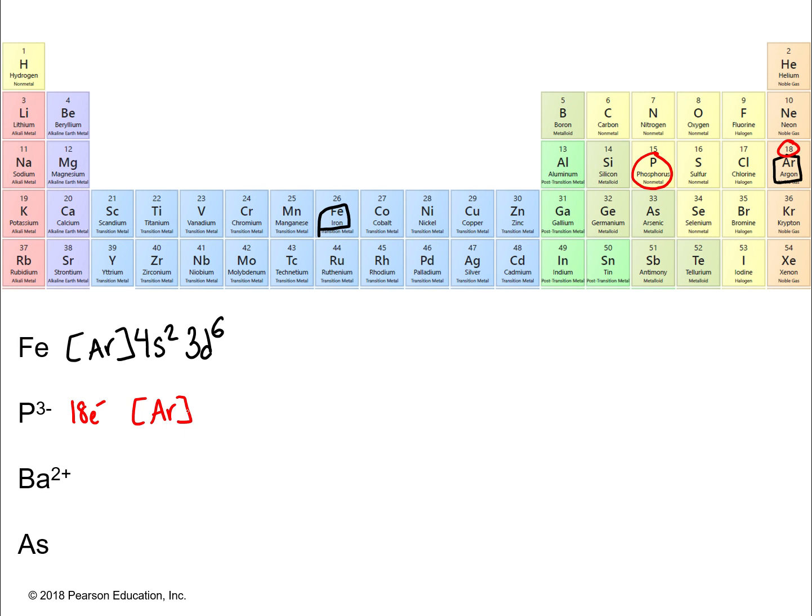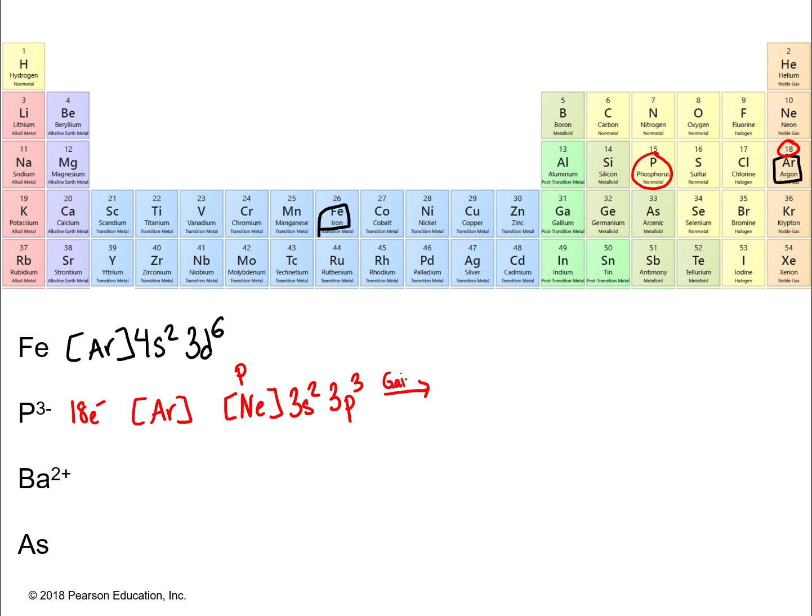So it's argon. But I can show you how I got there more than just the shortcut. So if we write out the noble gas configuration for just plain old phosphorus, we would use neon, and then it would be 3s2, 3p3.